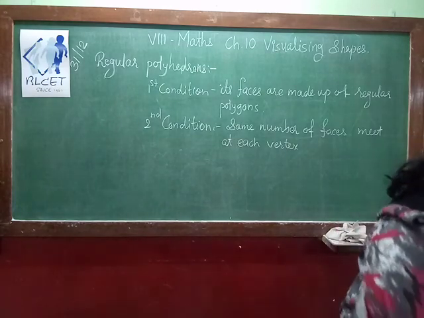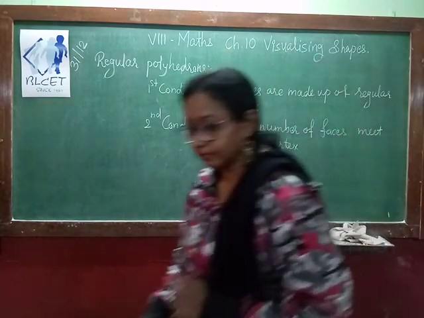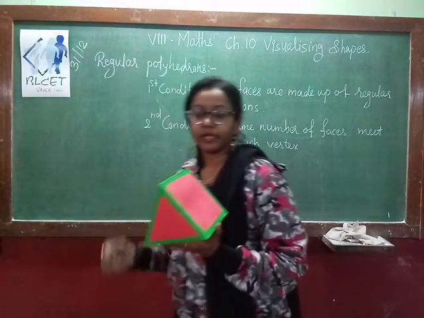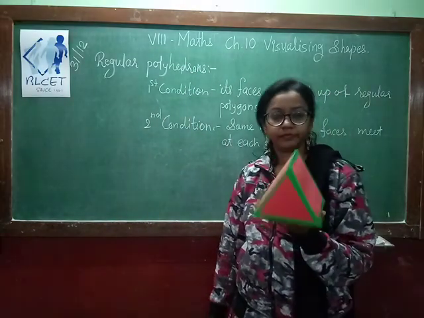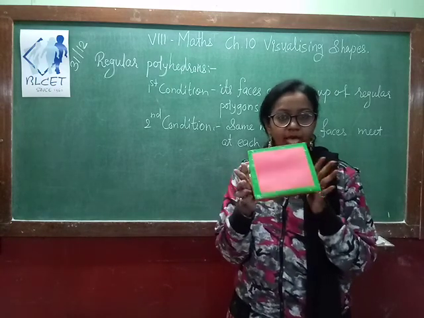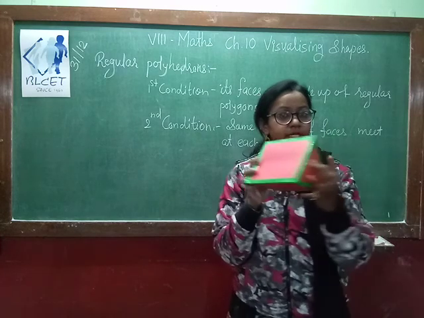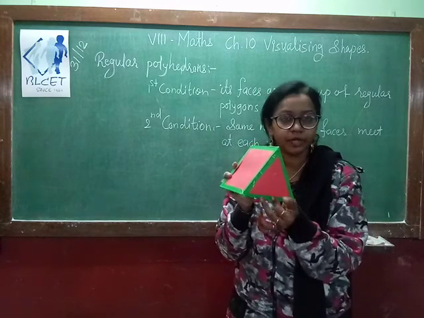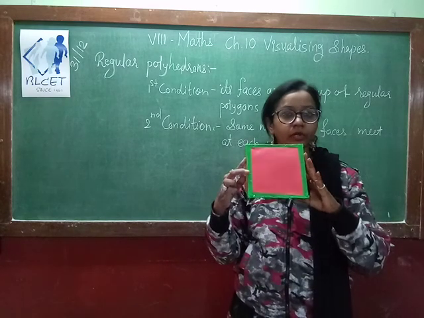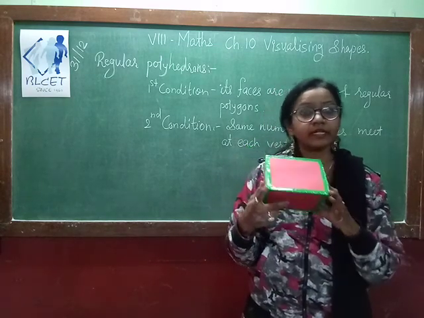We will see the prism. So what we can say about the prism? This is the diagram of a prism. In a prism, top and bottom, this one is your triangular shape. And the side faces 1, 2 and the bottom, its third face, is a rectangular face.